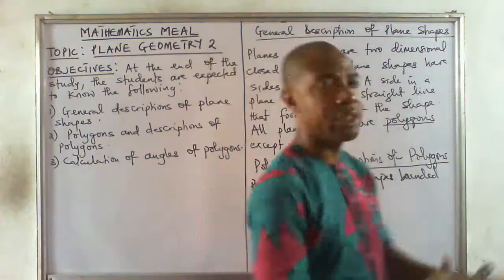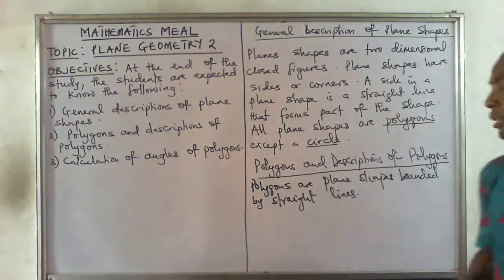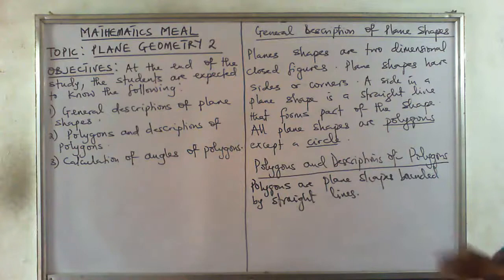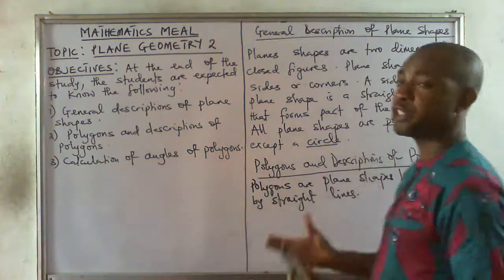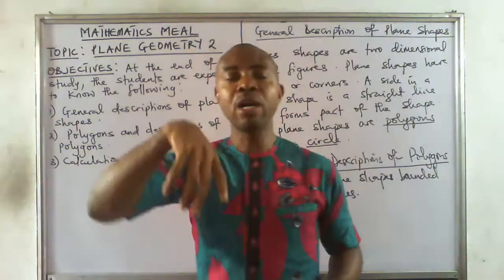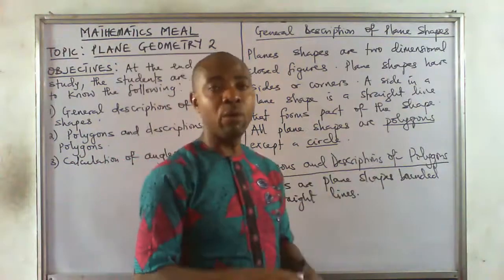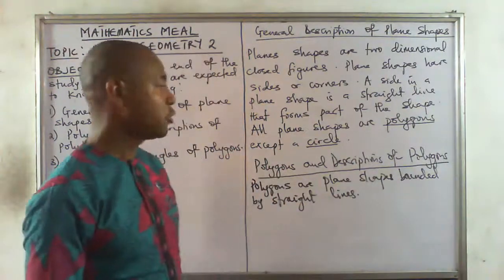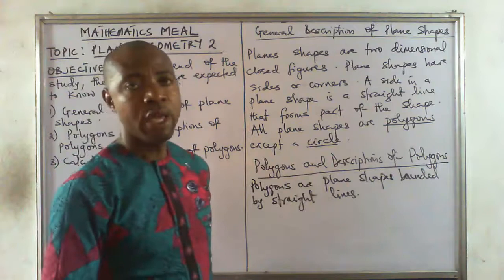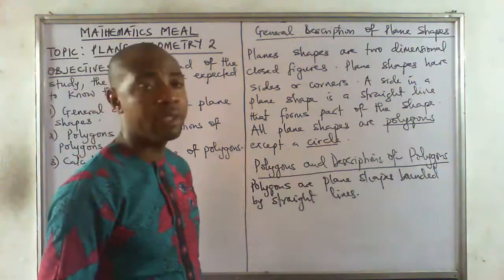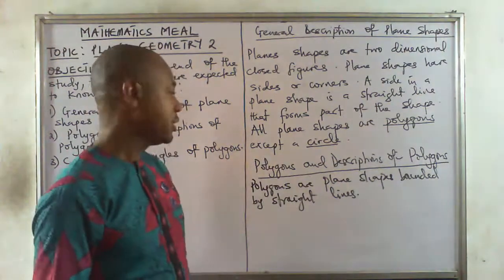Any plane shape that is bounded by straight lines is known as a polygon. That's why a circle is not a polygon, because a circle has a curved part or a round part. So it's not bounded by straight lines. So a polygon is a plane shape bounded by straight lines.